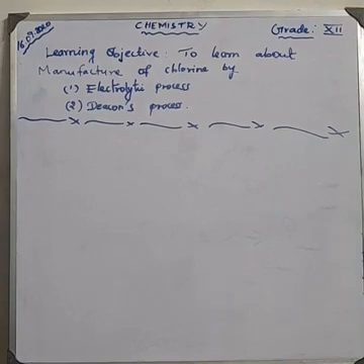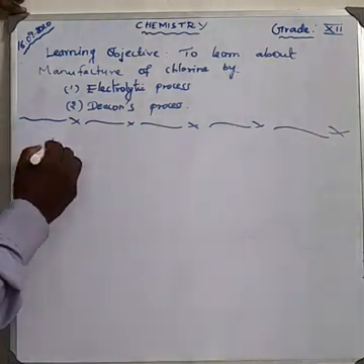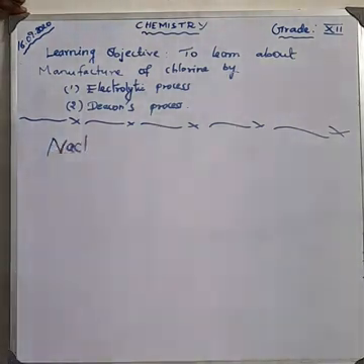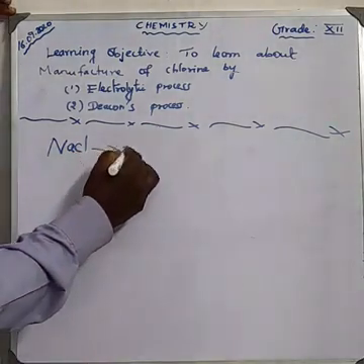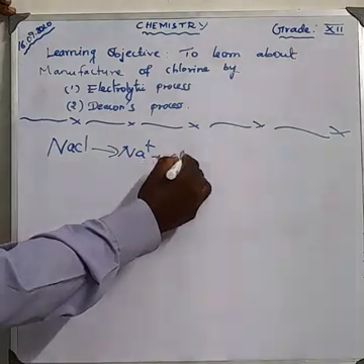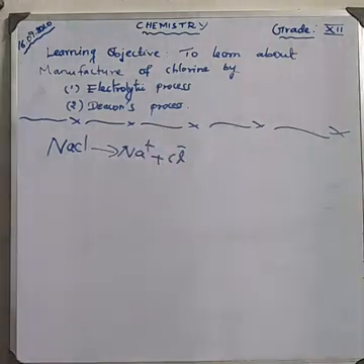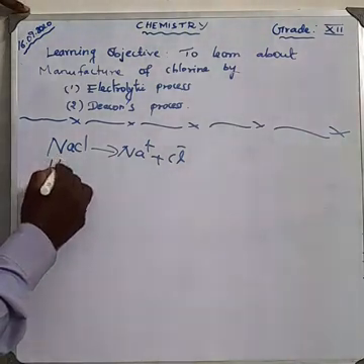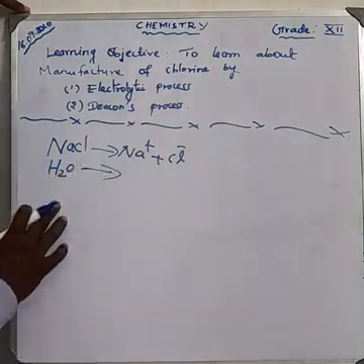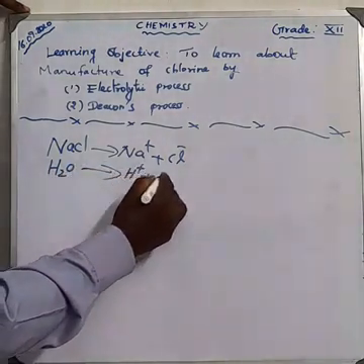Sodium chloride, NaCl, undergoes dissociation; it splits into two ions, Na plus and Cl minus. Next, water, H2O, splits into two ions, H plus and OH minus.